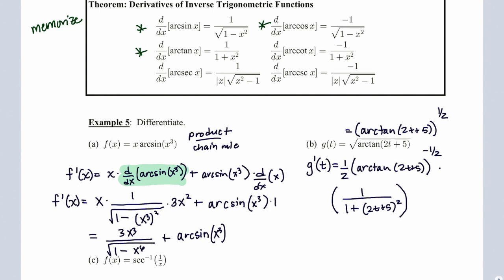So that's the derivative of arctangent evaluated at that input function. And then lastly, we need to multiply by the derivative of the inside function, which is just 2. So we've got those three factors, one of them where we differentiated the 1/2 power, one of them where we differentiated arctangent but left its input the same, and then one where we differentiated 2t plus 5.